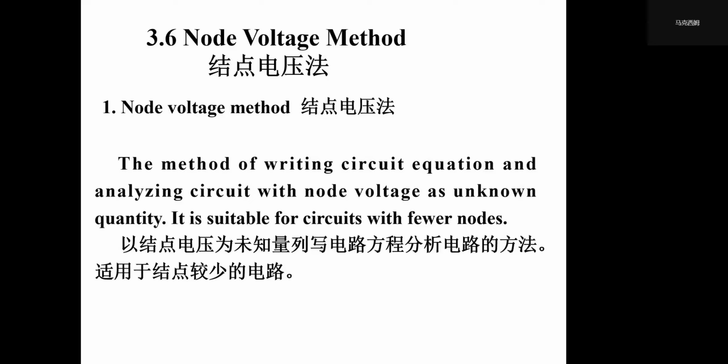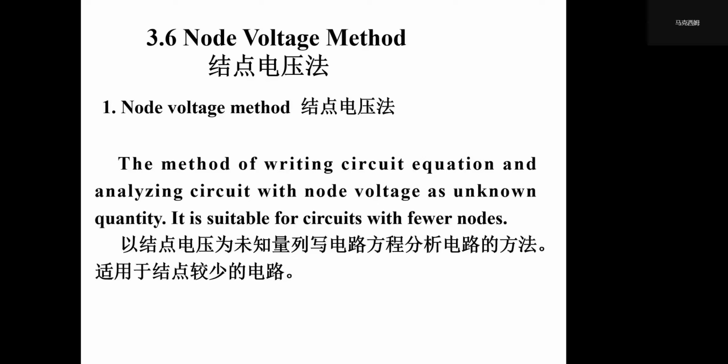What kind of solution you pick is up to you. The basic principle is to reduce the number of unknown variables and to reduce the amount of calculation to save some labor. This is a very basic principle.